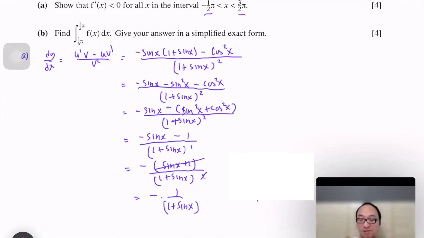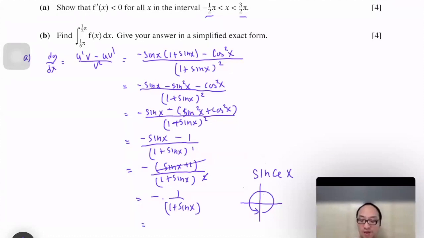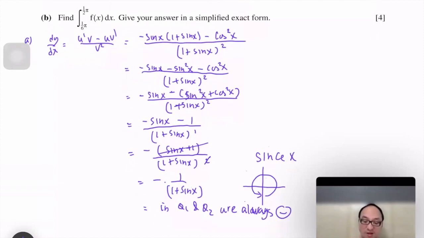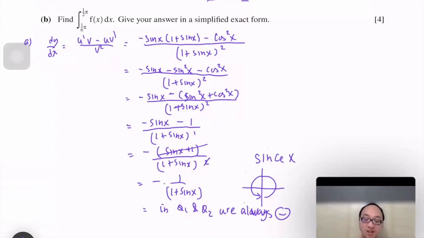Now, since x is between negative half π and 3/2 π, that means it goes from the fourth quadrant around to the third quadrant. The expression is negative in the first and second quadrants because of the negative sign in front.